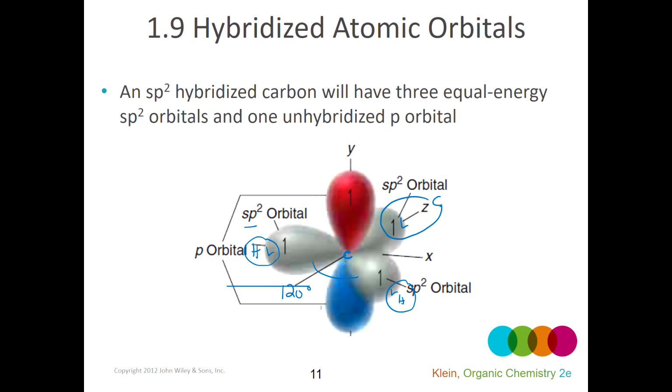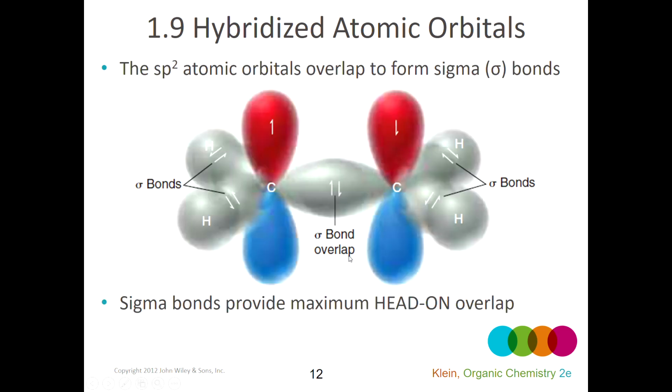The red and the blue here are both part of the unhybridized p orbital, right? We know a p orbital has a node, and there's 2 lobes for every p orbital. So that's why there's 2 lobes here shown, because they're equal in size above and below the plane of the carbon. And that's going to hold an electron, and that's going to allow for the double bond to form. So we'll see that here as we go through in a minute.